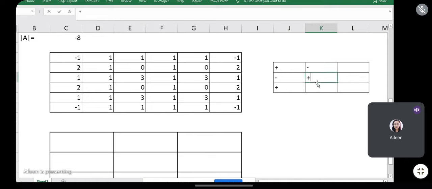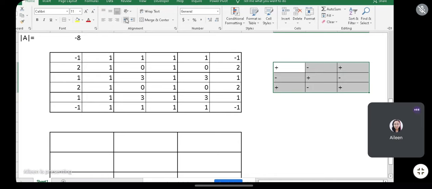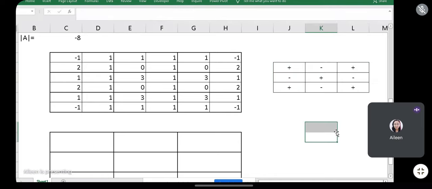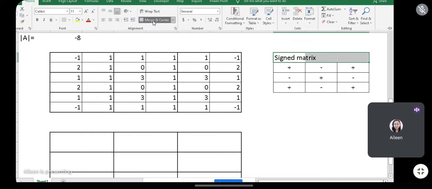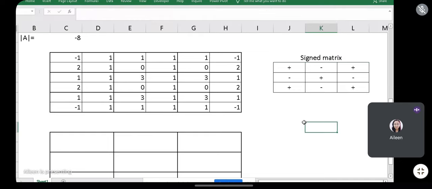Then positive, negative, positive. I cannot write because of my internet connection. So this is our sign matrix, our guide for the signs of the cofactors.